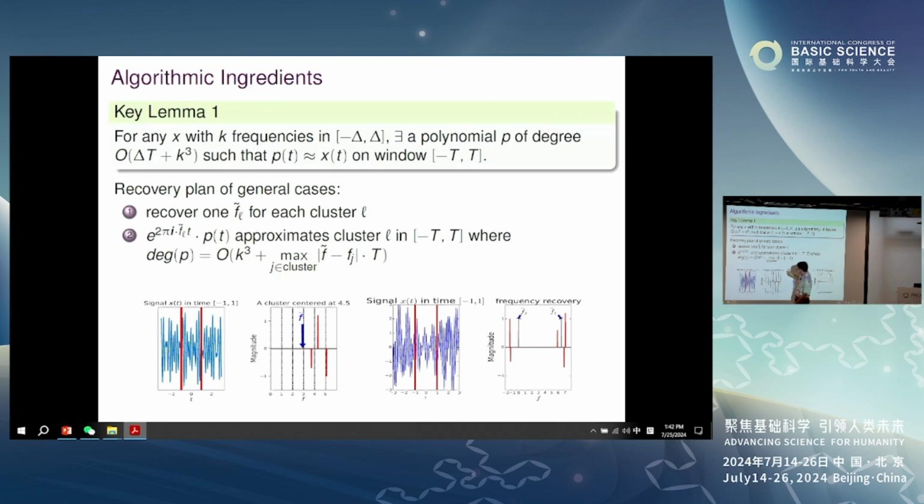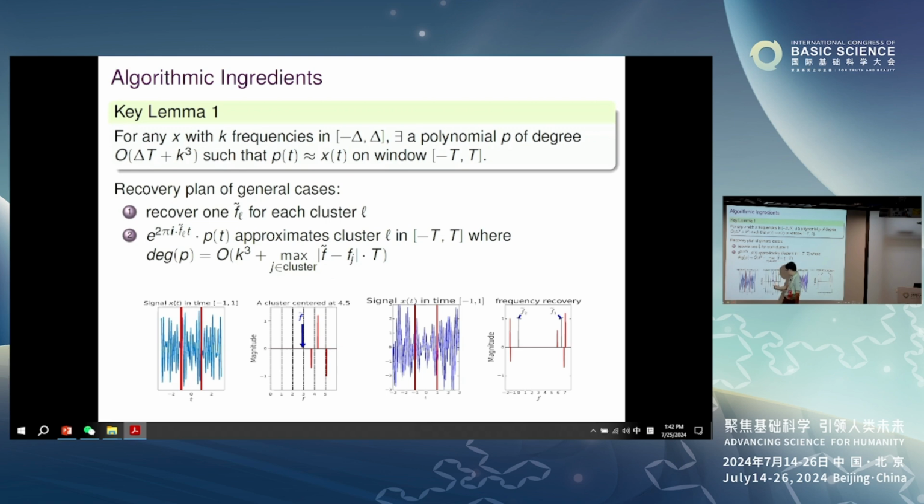Then I will recover a flag f tilde for this cluster. This flag should not be far away from these frequencies. After recovering this flag, I will use the wave function of this flag, e to the 2 pi i f tilde t, times the polynomial to approximate its behavior.